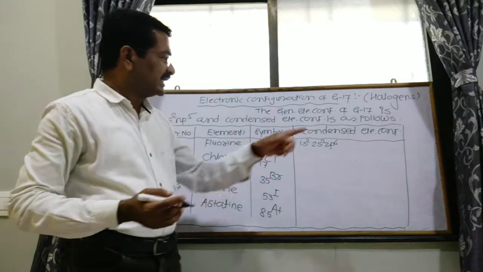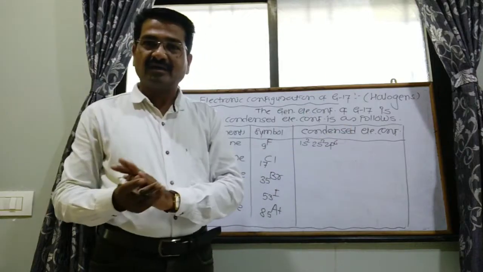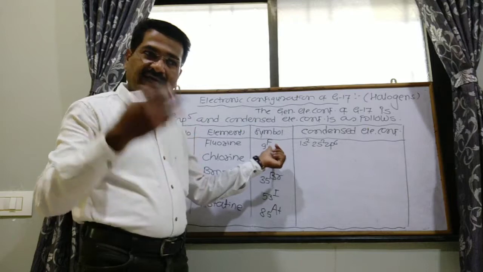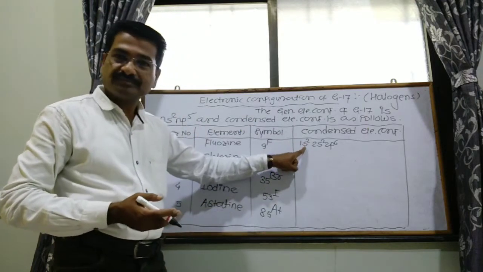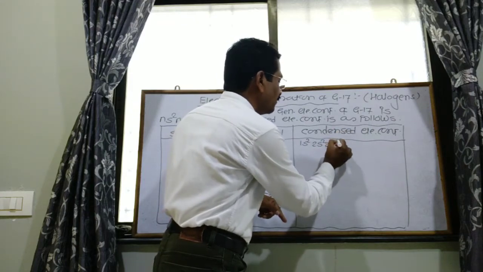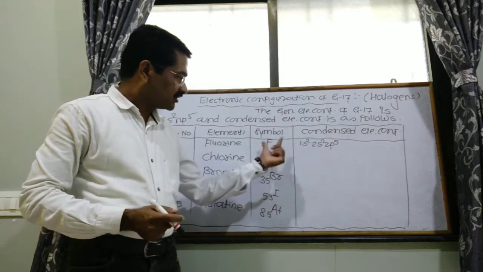How many electrons? 2 plus 2 is 4, plus 6 is 10. But we have only 9 electrons. Therefore, it is distributed as 1s2, 2s2, 2p5.